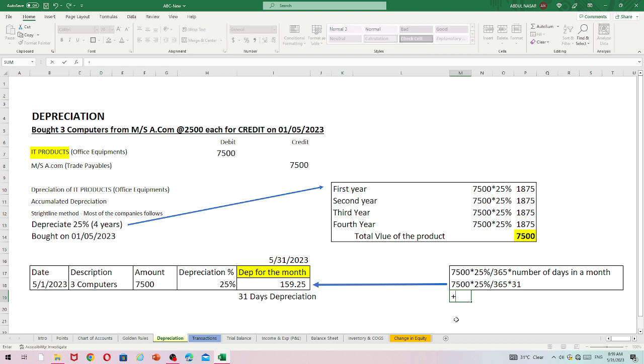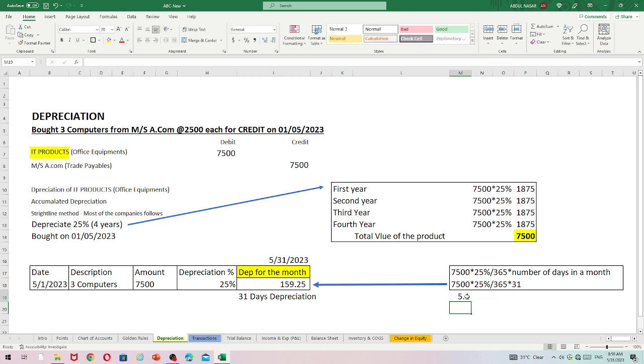So the total computers amount is 7,500. The management has decided to depreciate it over 4 years, or let us say 25 percent, and we need to annualize the same. To get the daily depreciation of these three computers, we need to divide that amount by 365.